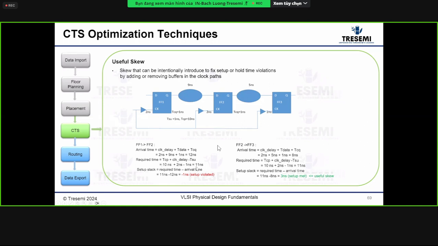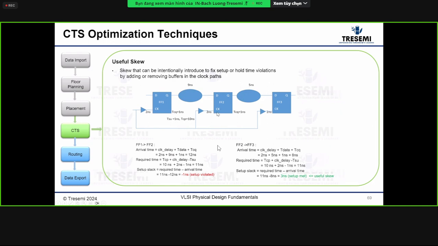So the required time is 11 nanoseconds. The setup slack is required minus arrival time, so we have 11 minus 12. So we have a negative slack, which is a violation. The data arrives 1 nanosecond later than the required time. So we have a violation from flip-flop 1 to flip-flop 2 of 1 nanosecond.